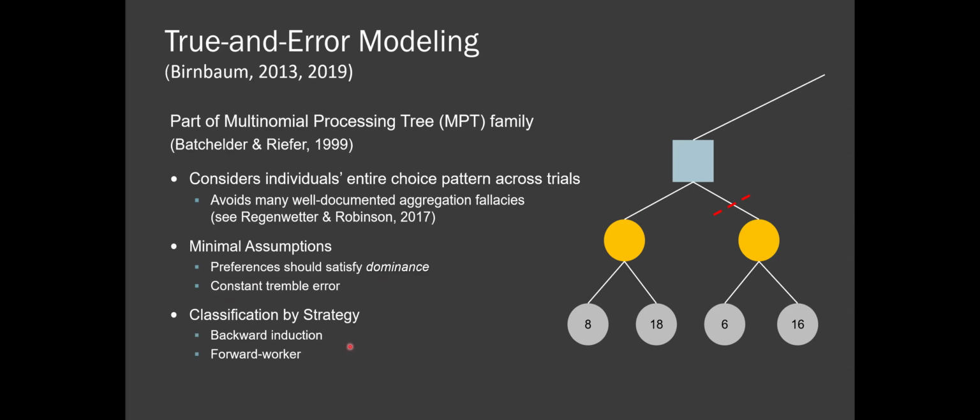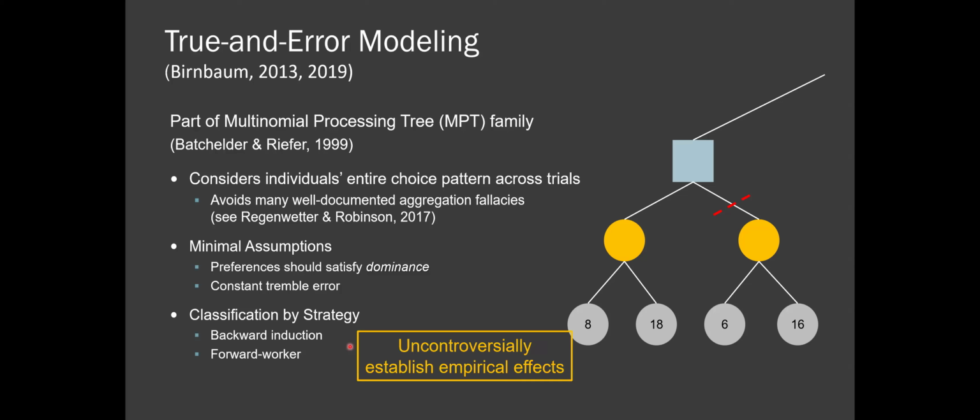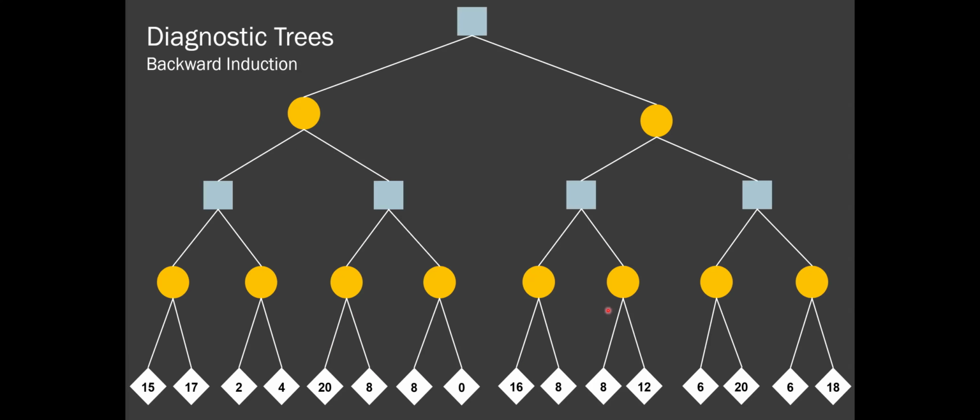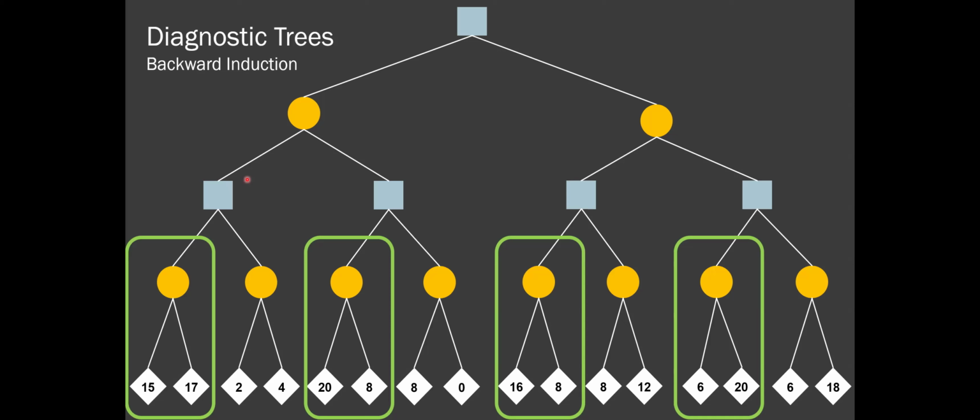And then we can use these assumptions to classify people as either backward workers or forward workers. And we can do it in a way that's kind of uncontroversial. It doesn't involve buying into a lot of assumptions of a model. What's often used in these situations are diagnostic decision trees, where you might have a tree like this, where it turns out at every one of these second stage decision nodes, one of these gambles stochastically dominates the other one.